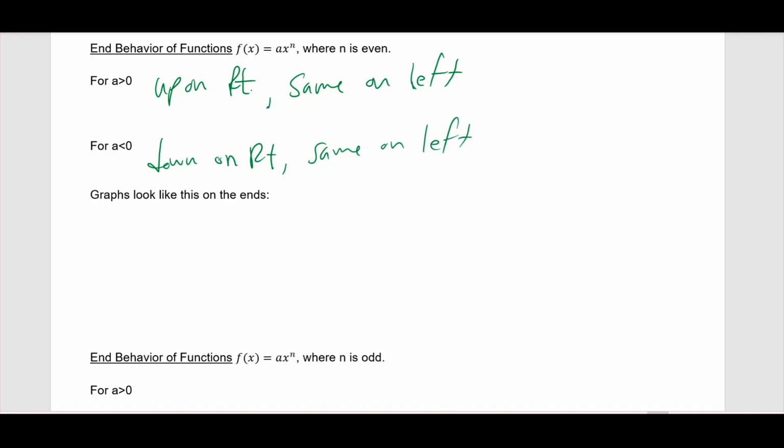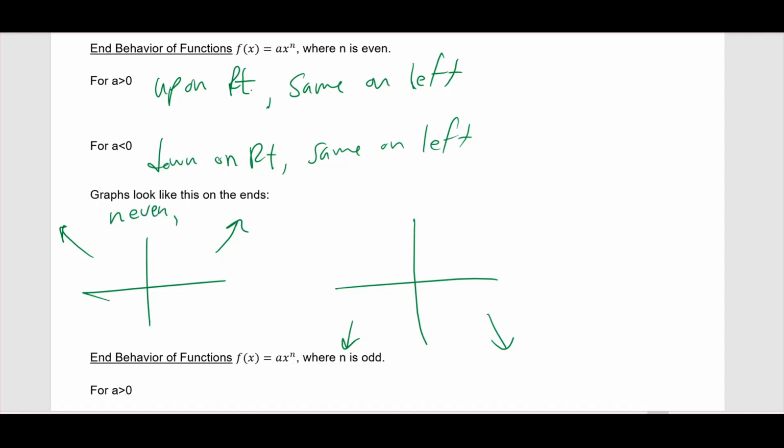So graphs are going to look like this, or they're going to look like this on the ends, right? This is n even, a bigger than 0. This is n even, a less than 0. So great.